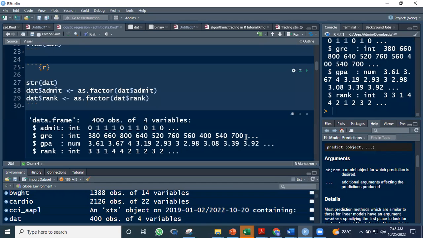GRE is an integer, that's okay. GPA is numeric, and rank is an integer. So what do you think should be changed here? Should admit be treated as an integer, class? No, sir. How should we treat it, class? Binary. Yeah, thank you.